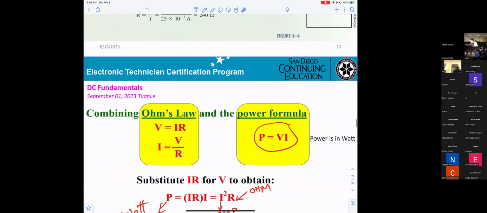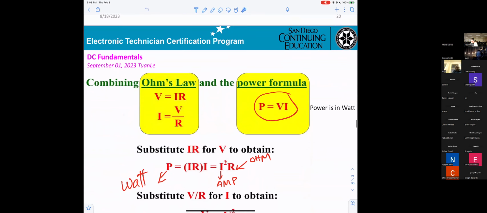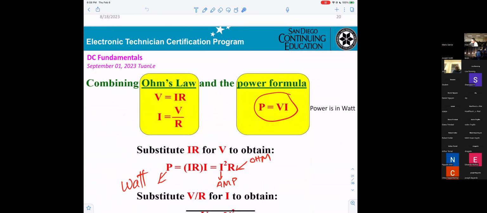Okay, and this one is just a formula. If you want to calculate the power, P equals V times I, and P has to be in watts. So this is one of the formulas.